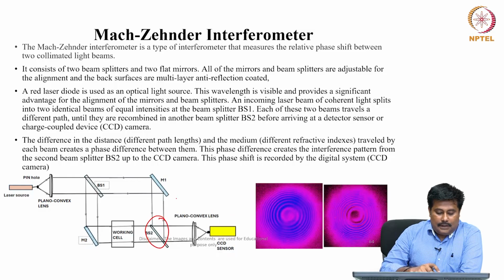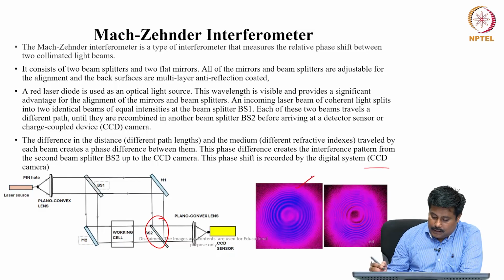The difference in the distance and the medium traveled by each beam creates a phase difference between them. This phase difference creates the interference pattern from the second beam splitter BS2 up to the CCD camera. This phase shift is recorded by a digital system using a CCD camera.